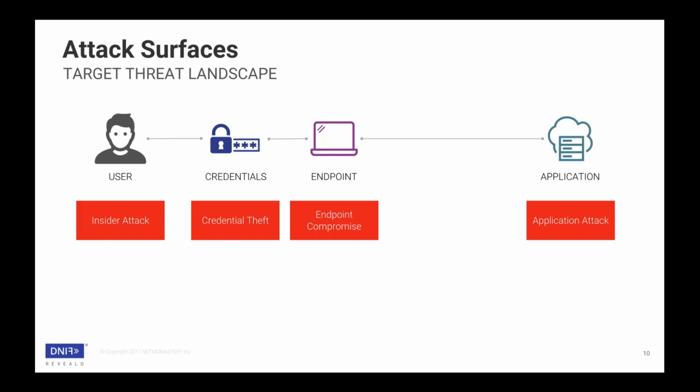So then attackers started focusing on the endpoint, right? And then they started focusing on the credentials, and then they started focusing on the human being itself, right? So now you are seeing that the interests of attackers and the point of compromise is coming closer to the human being than it is to the data center, right?